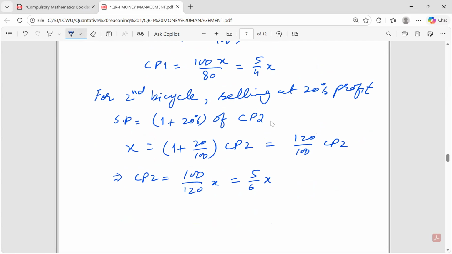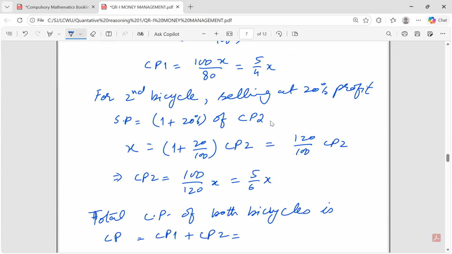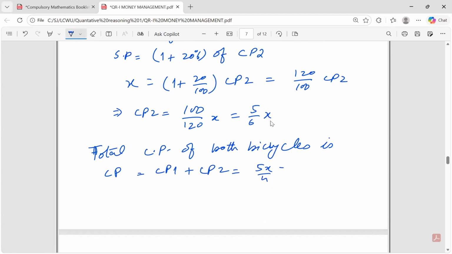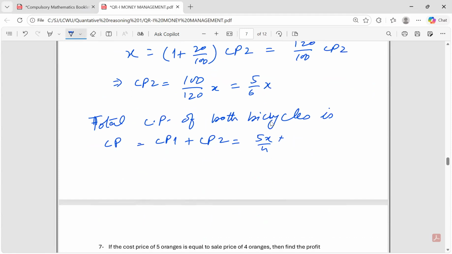Now adding both these cost prices, the total cost price of both bicycles is CP equal to CP1 plus CP2. That is x by 4 times 5 plus 5x by 6.